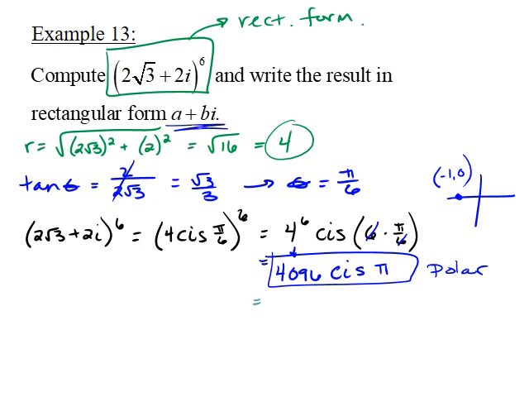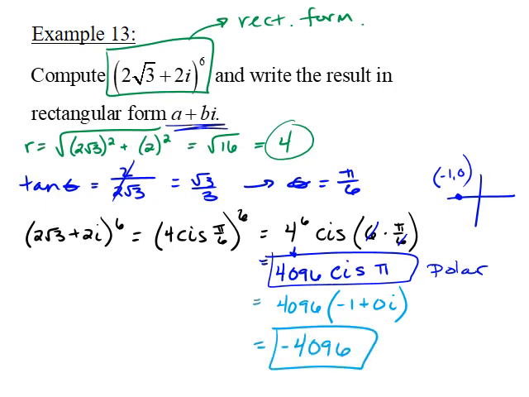So this becomes 4096 times -1 plus 0i. 0i goes away, so this result in rectangular form is -4096.